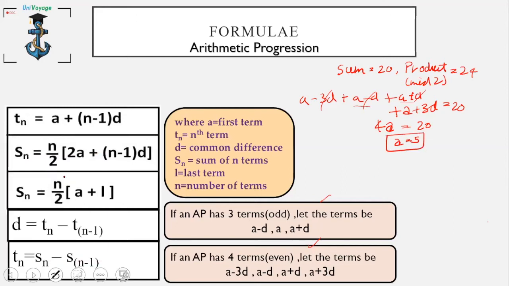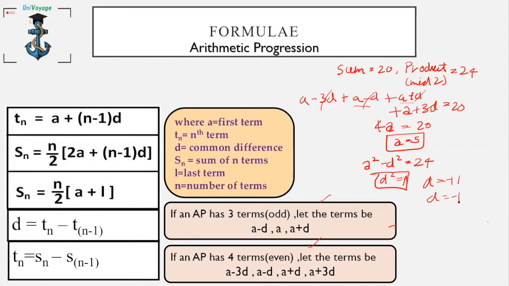The middle two terms are a minus d and a plus d, which form the a square minus b square formula. So this will be a square minus d square is equal to 24. If you substitute the value of a, you would get d square equal to 1. So d can take two values here: d is equal to plus 1 and d is equal to minus 1.